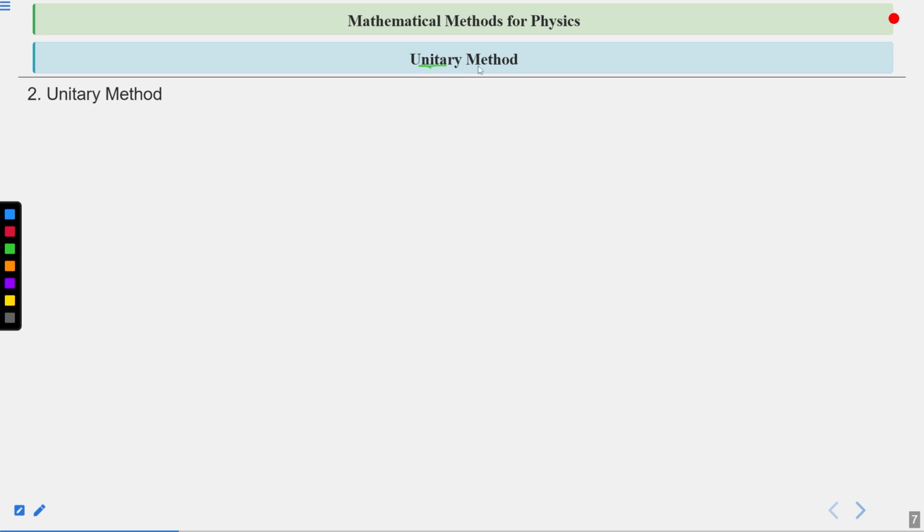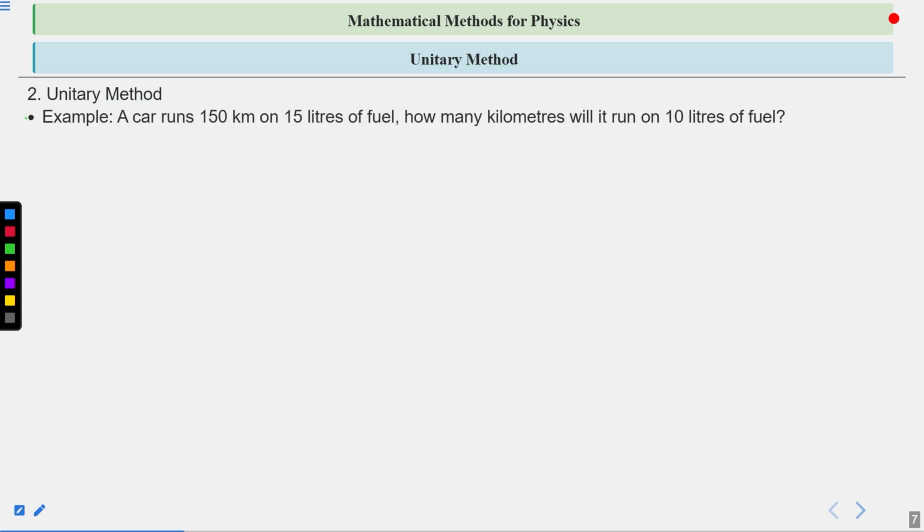Unitary method. Let's take an example. A car runs 150 kilometers on 15 liters of fuel.